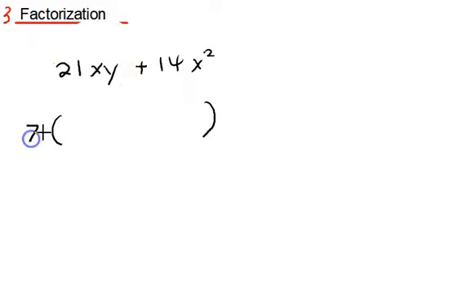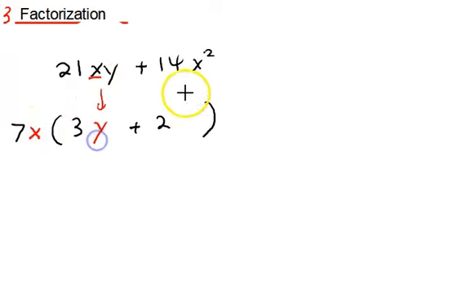So if you put here 7, here we will have 3 and here we have 2. Now we take out the alphabets. So here we have only one x, and here we have x square. So we can take out x here, and here you have the remaining y, and here we have the remaining additional x. Okay, so this is factorization.